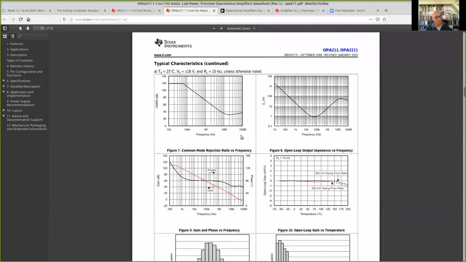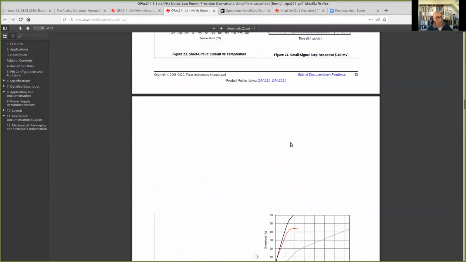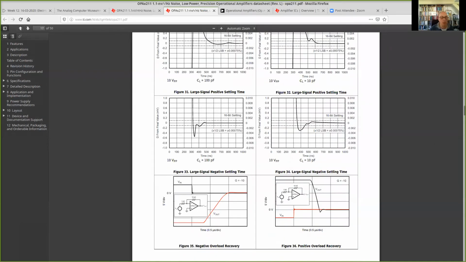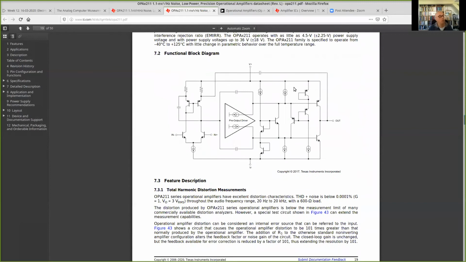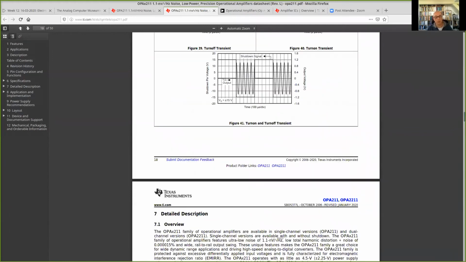For those who are interested, you will find something like a schematic. They have it somewhere in this data sheet here. And you see all kinds of frequency compensating elements generating, in fact, a kind of high capacitance output character. So that's what we are measuring there.